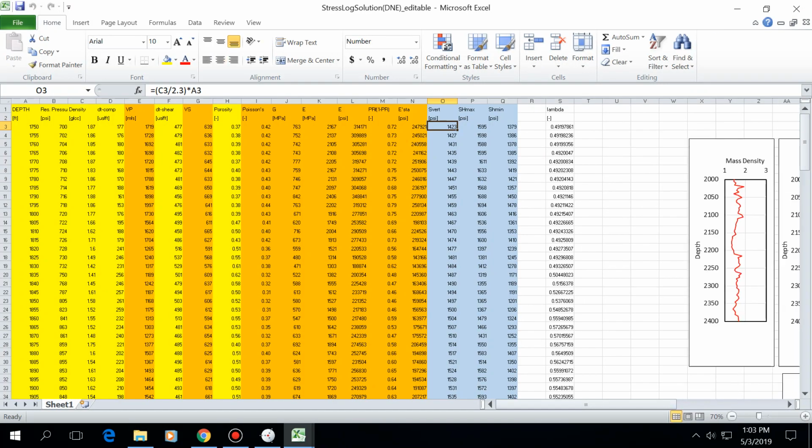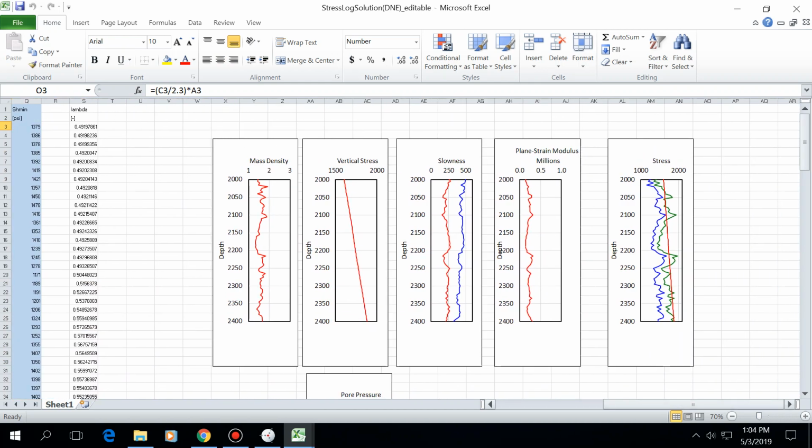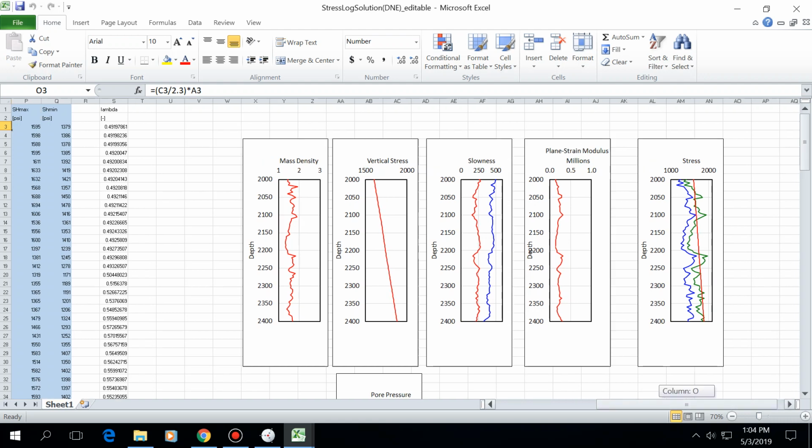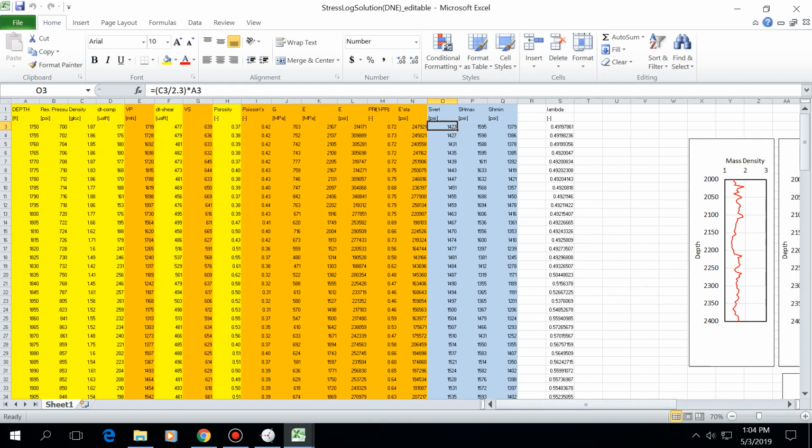Yes, I want you to plot everything that you have over there, okay? So there you will realize how the plane stress modulus affects stresses. So, okay, for those of you that are not super advanced on this particular problem, let me give you a few hints.